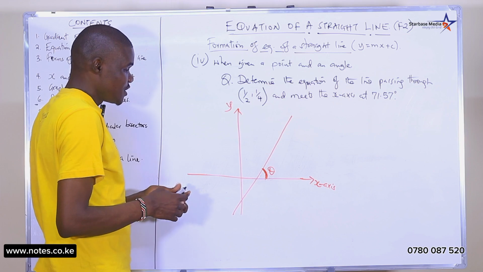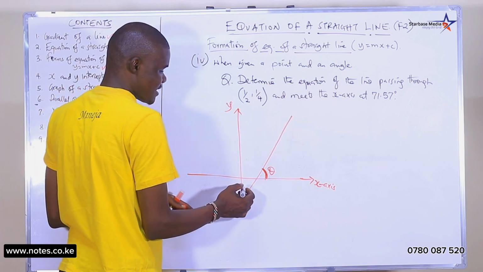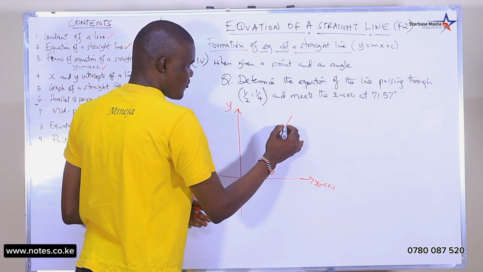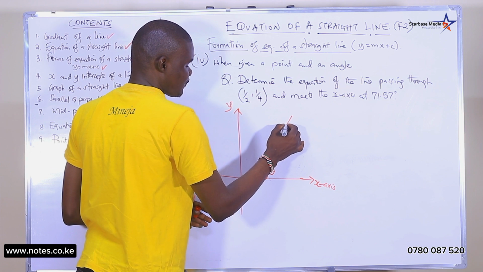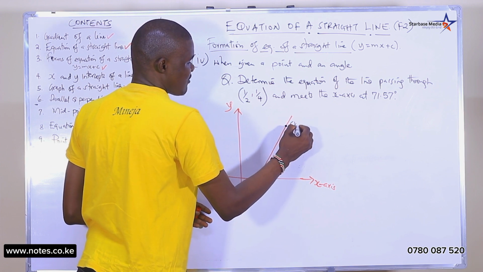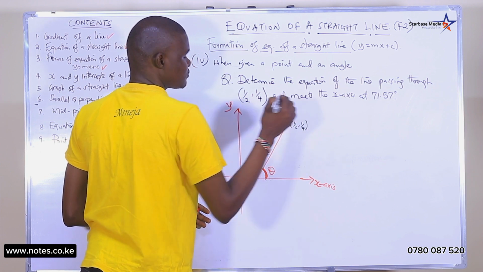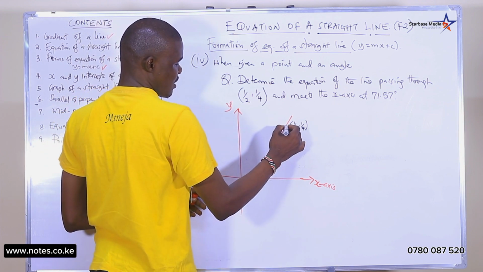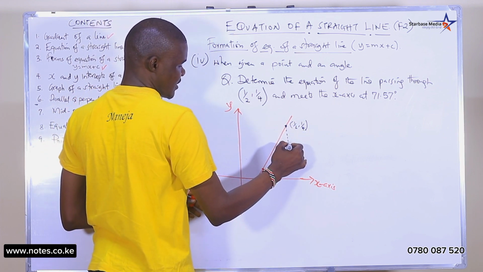Number one, check at this line. You will realize that when you have the point you are given there, which is maybe a half, quarter, then you have a dotted line or imaginary line.